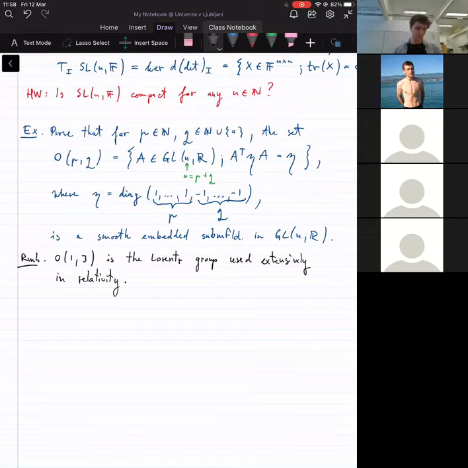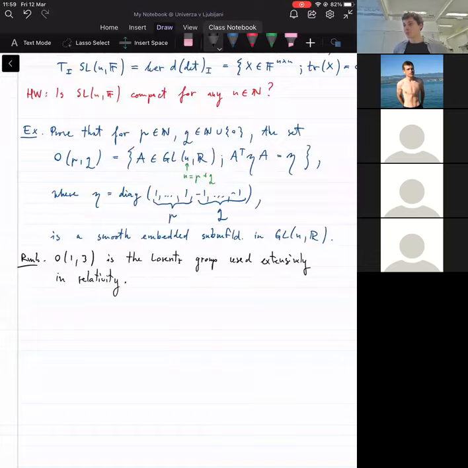Okay, so one comment here should be made. We are proving that this is a smooth embedded submanifold in GL_n R. Just as in the case when we were considering the special linear group, we're proving the same thing, that this subset is a smooth embedded submanifold, and this now immediately implies that this group is not only a group, but a Lie group.